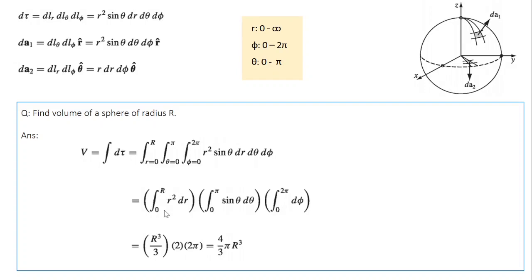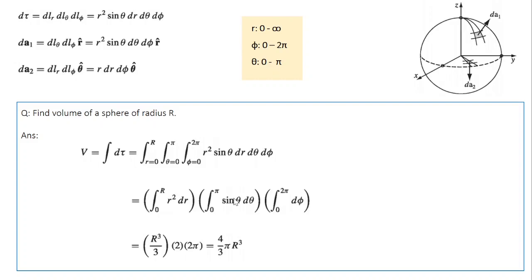So you have 0 to R r squared dr, then 0 to pi sine theta d theta, and 0 to 2 pi d phi. The integral of d phi gives you phi. Apply the limits. The integral of sine theta is minus cos theta. Apply the limits, and the integral of r square is r cube by 3. Once you apply the limits, you get 4 by 3 pi r cube.